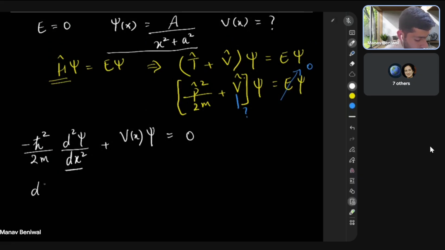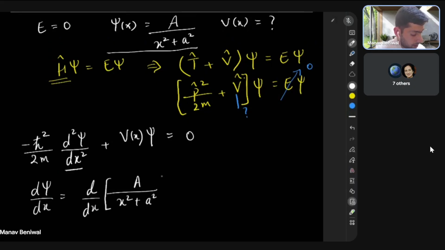So let's take its derivative, because we will need to substitute the derivative here. Our d psi by dx will be d by dx of a over x squared plus a squared, so this will be simply minus a over x squared plus a squared, whole thing squared, and then 2x.